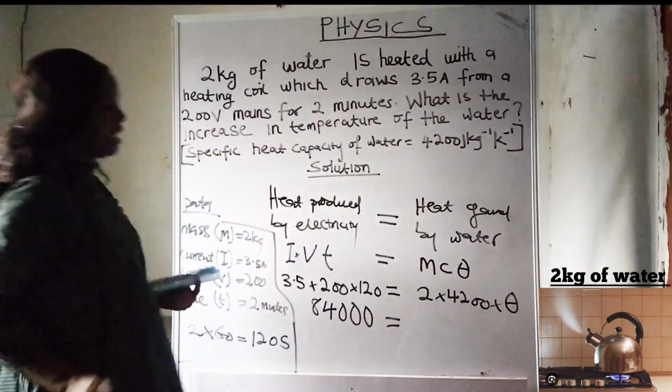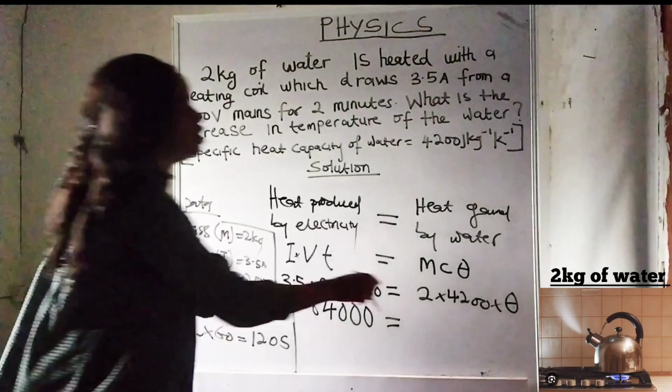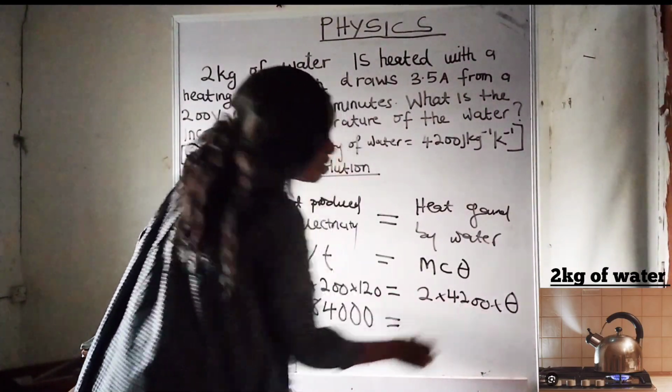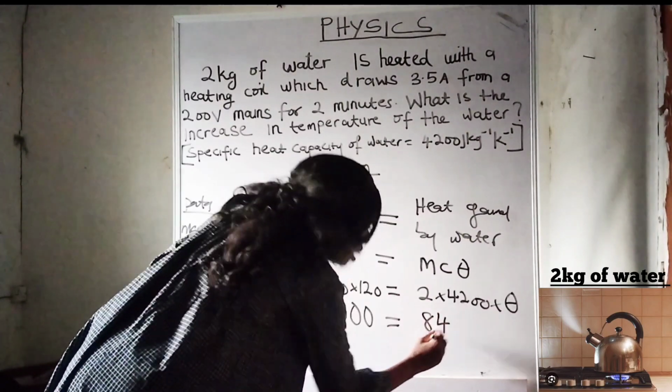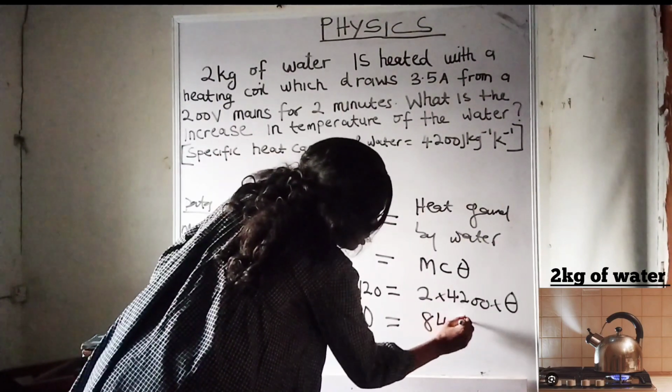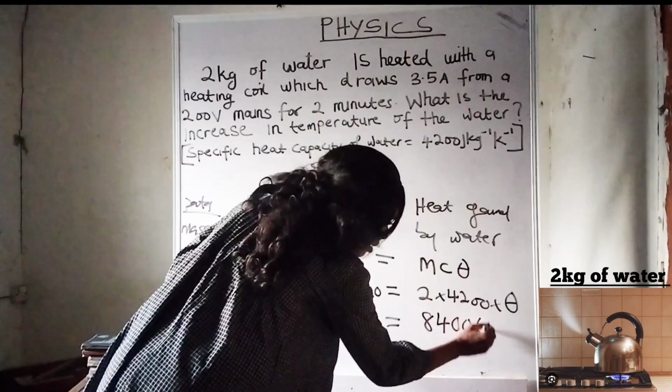Then we come to this side and we say 2 times 4200. It will give us 8400 times theta.